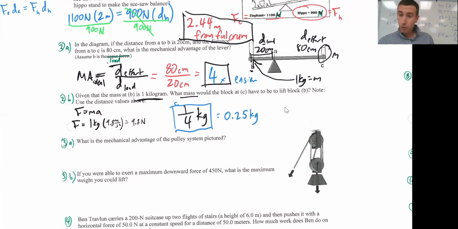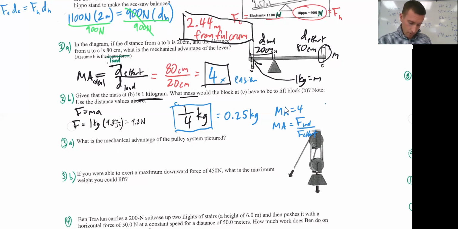Now I could also prove it. I could say, well, I know that mechanical advantage is equal to 4. And I also know that mechanical advantage is equal to the force of the load over the force of the effort. And that the forces are proportional to the masses, right? Because force equals mass times acceleration. The accelerations are the same on both.